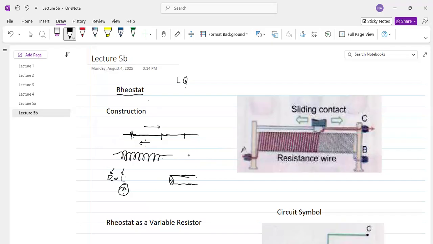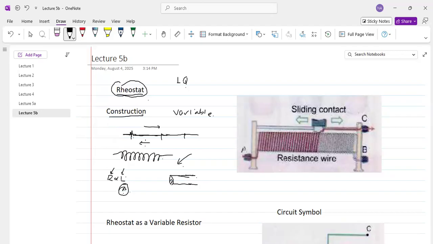So this is the basic concept with the help of which we can use this wire wound resistor as a variable resistor.